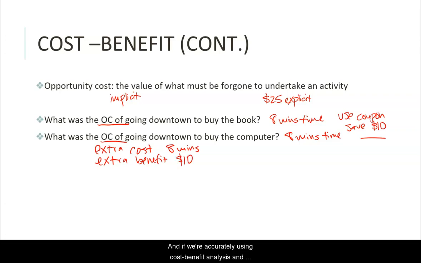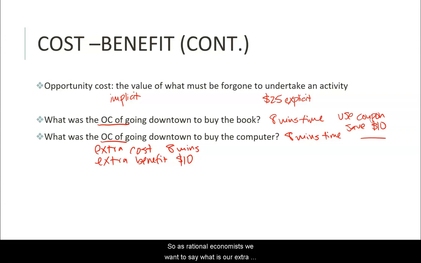And so if we're accurately using cost-benefit analysis and looking at the right things, if you said yes to going to buy the book, you should also say yes to going to buy the computer. Sometimes I get some arguments like, oh, I don't feel safe walking around with a new computer. You add some extra things on the cost side of like it might get stolen or whatever. But let's just pretend you're walking in a safe area and there's no extra negative cost of walking around with your new laptop. Okay.